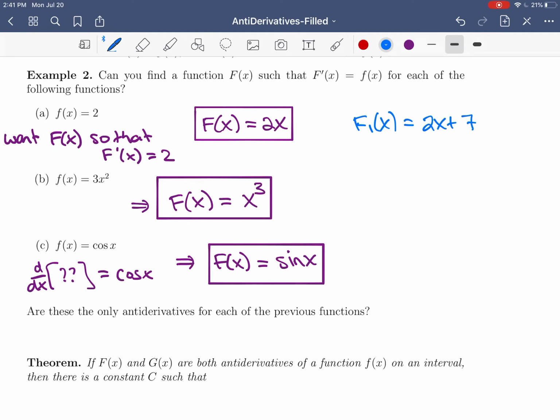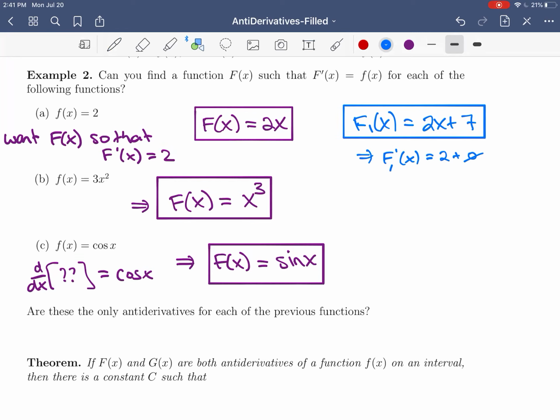What if I take F of x to be 2x plus 7? Then the derivative of this is 2 plus 0, right? The derivative of 7 is 0, so it's just 2. So we also have derivative of 2. So this would be another example of a function that has that derivative.